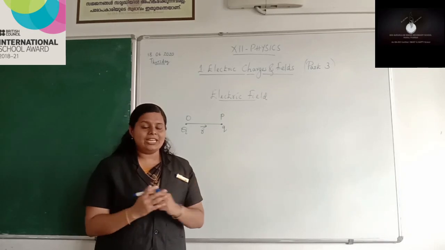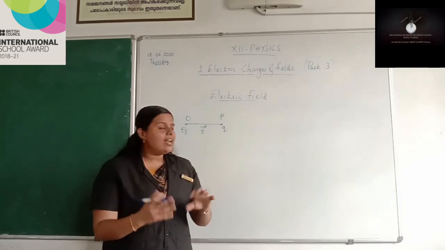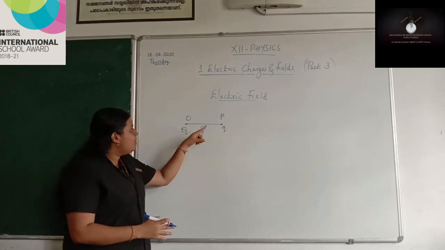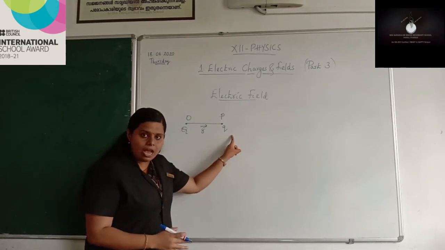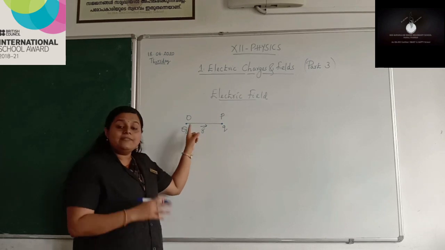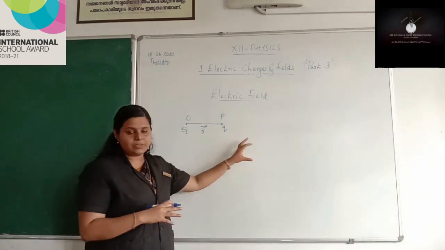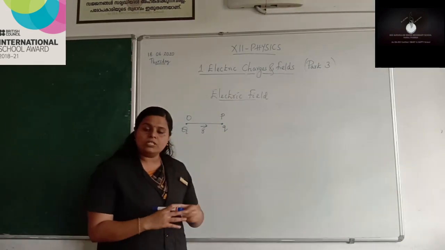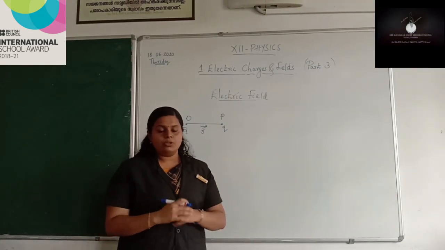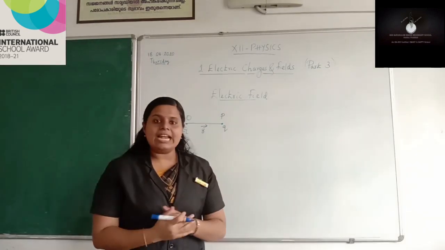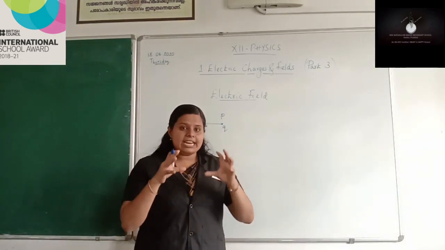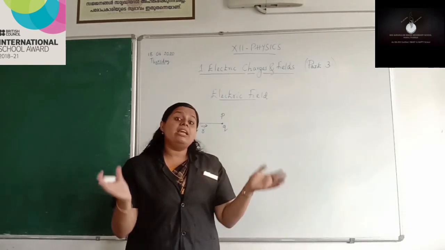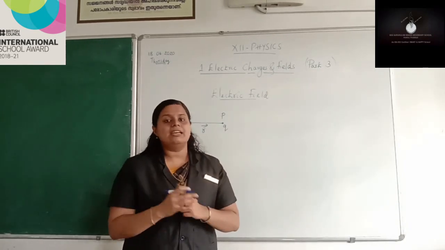So what is an electric field? It is a region around this point charge, and when we bring another charge close to this, it will exert a force. This electric field is responsible for that force. So how can we define electric field? It is the region around a given charge within which another charge experiences a force.